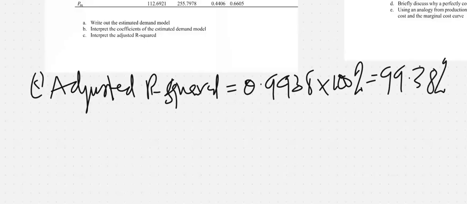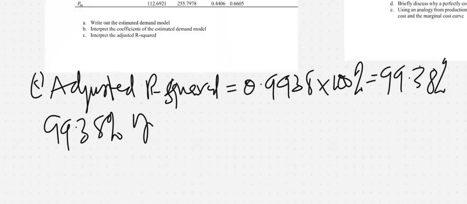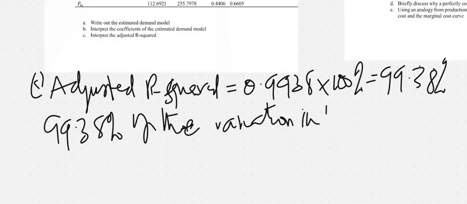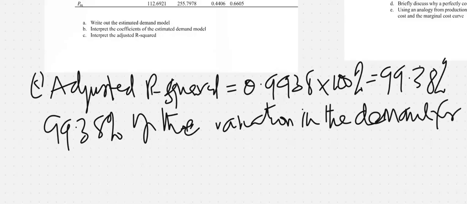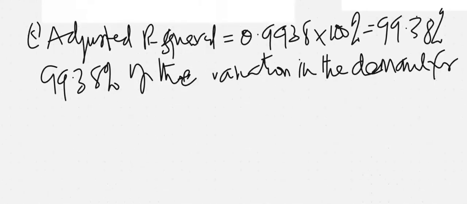All right, so the interpretation is that 99.38% of the variation in the dependent variable, you can use the word variability or variation. What's the dependent variable? Demand for Mike's Pizza. That's the dependent variable.